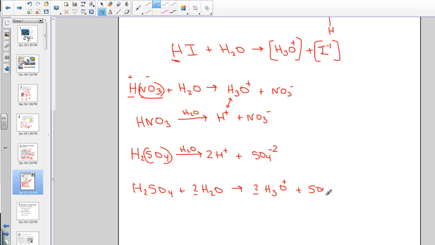And that last polyatomic ion, SO4, 2 negative. Both of these protons require a water molecule to become a hydronium.